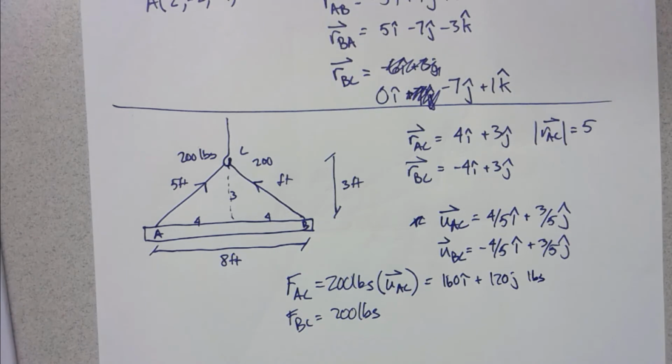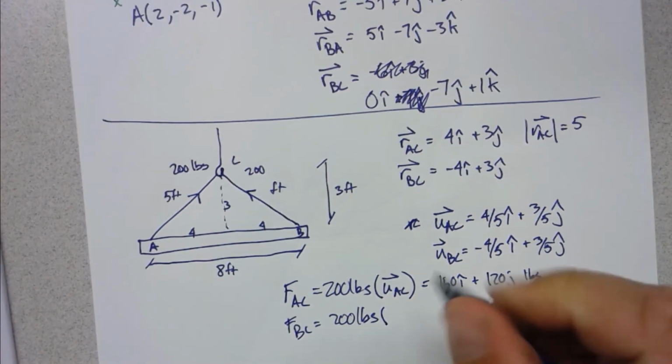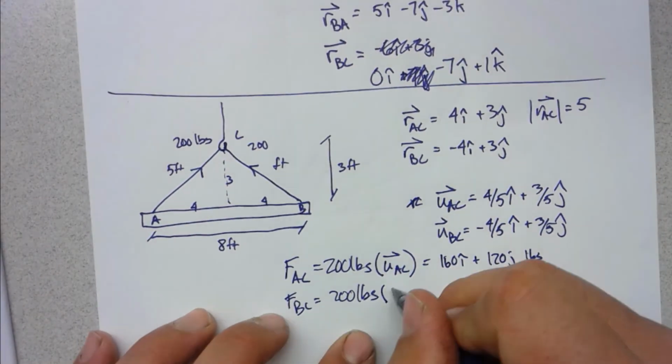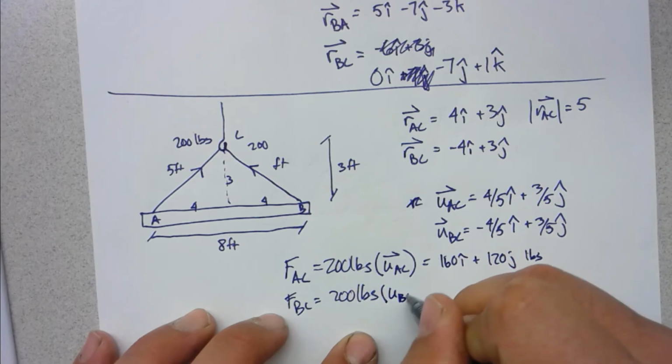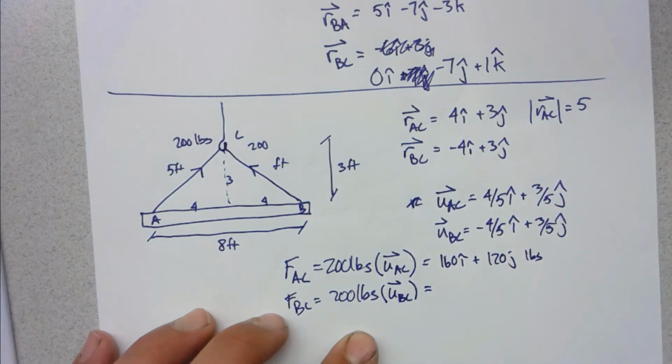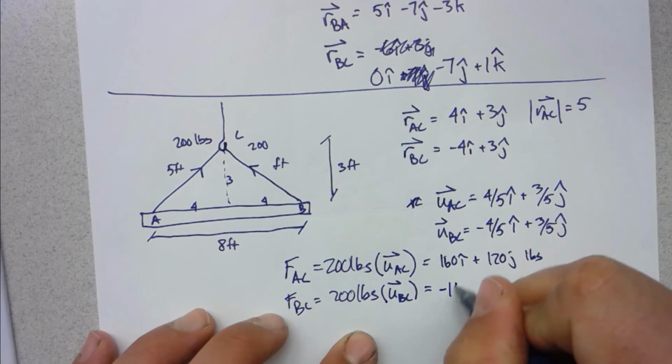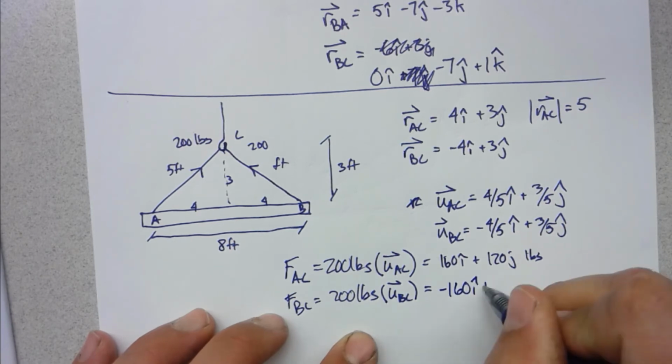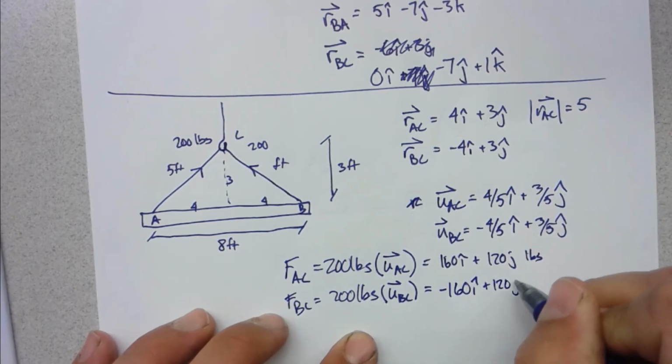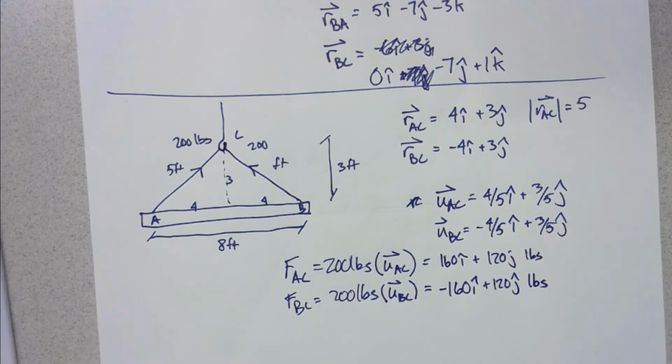Okay? And if I do that down here, I'm going to multiply F_BC by its unit vector, U_BC, right? Then I'll have minus 160 i hat plus 120 j hat pounds. Okay?